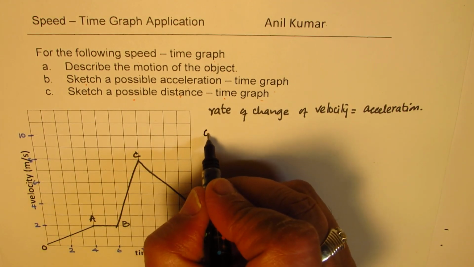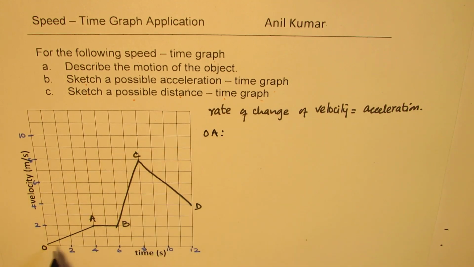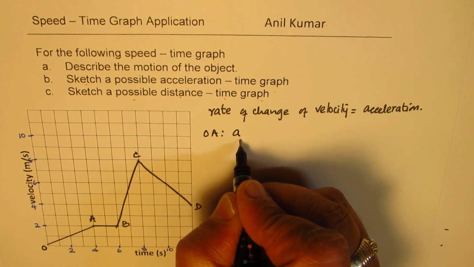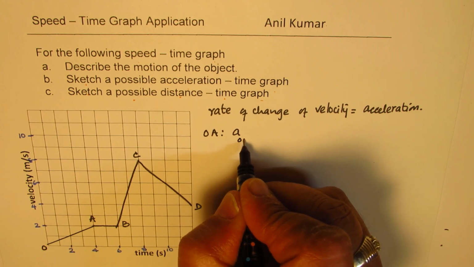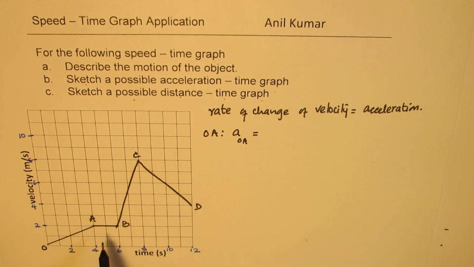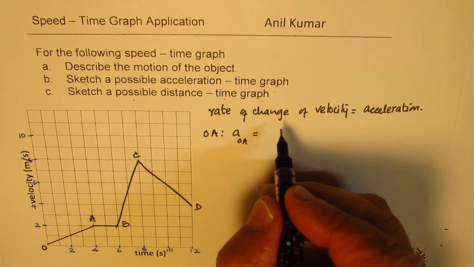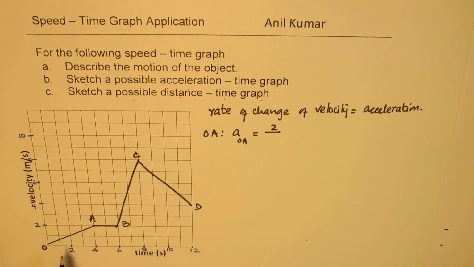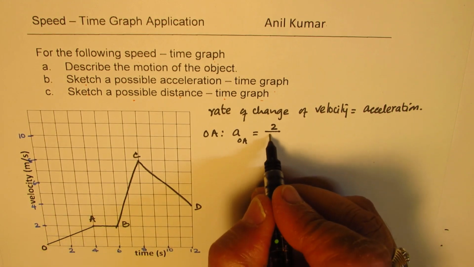From 0 to A, the acceleration will be how much? Acceleration from 0 to A is equal to rate of change, which is the slope. It rises by 2 units, which is 2 meters per second, and the time taken is 4 seconds, right?